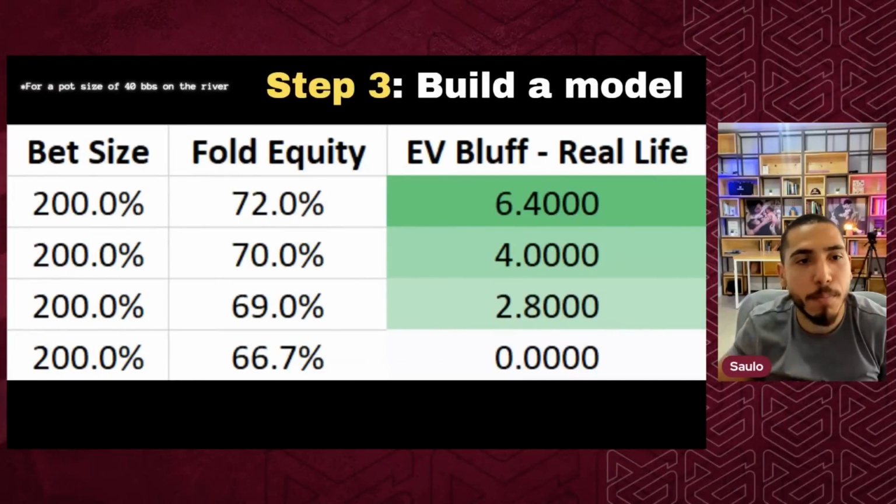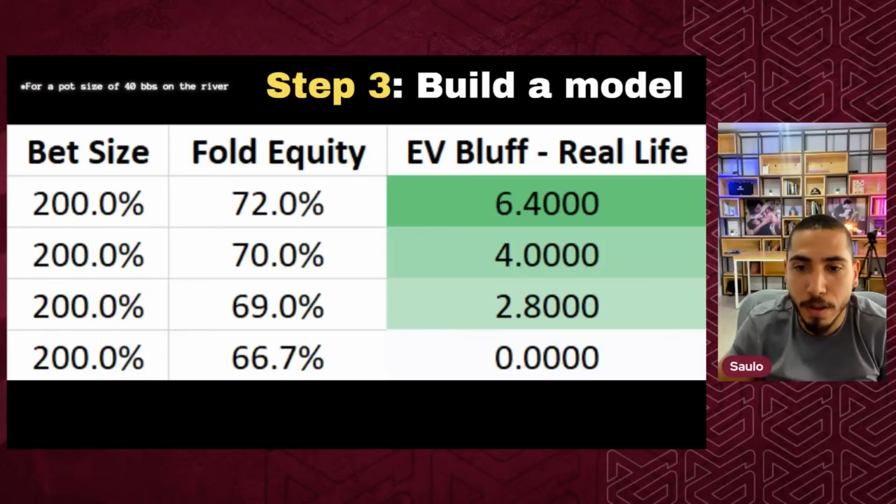I think a 3% margin to be conservative is a good idea because, based on the tests that I've done, this is the maximum effect you're going to get with bad blockers, a 3% lower fold equity because you have severely worse blockers than the other hands in your range. And if I can have that, then I'm making 2.8 big blinds every time I bluff the spot.